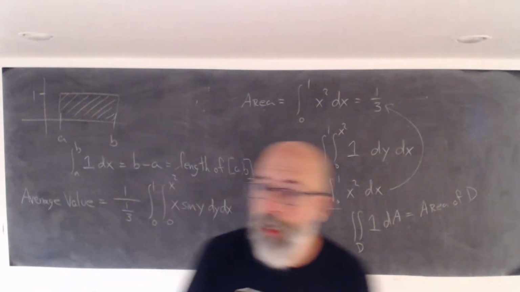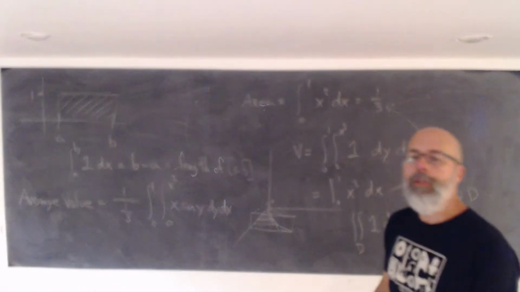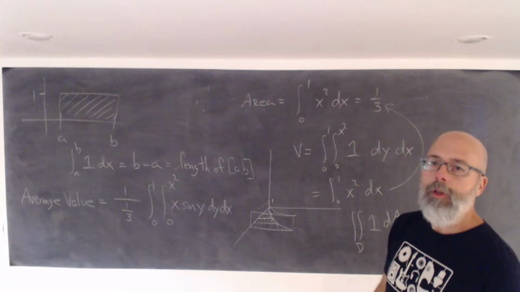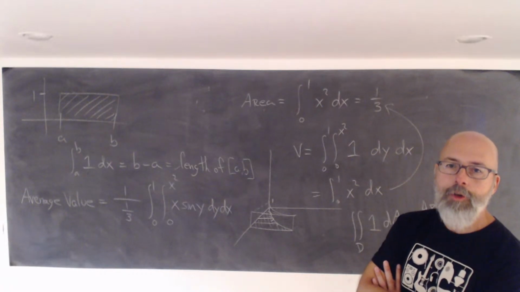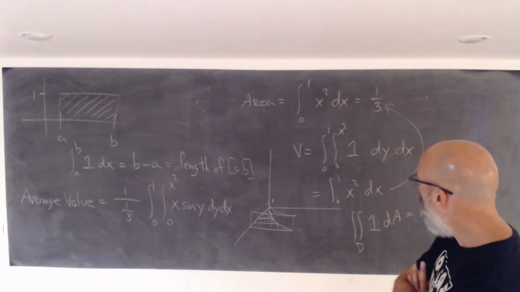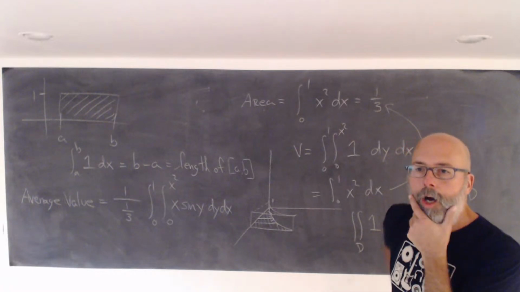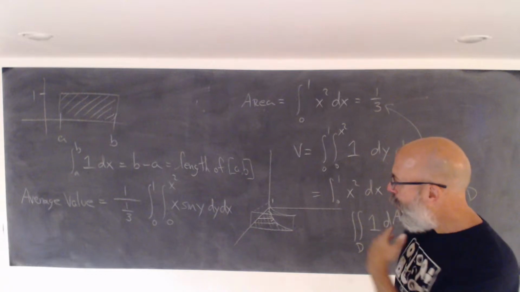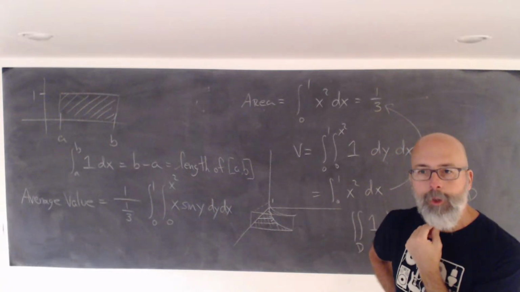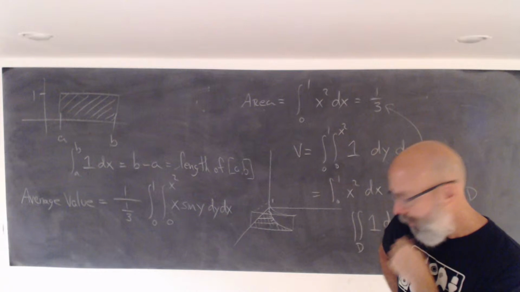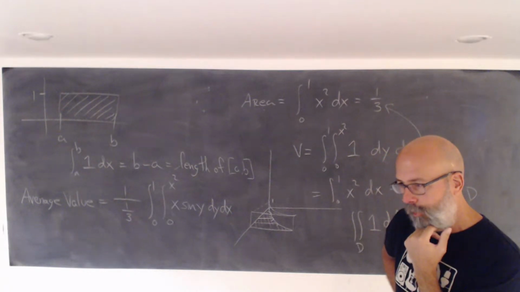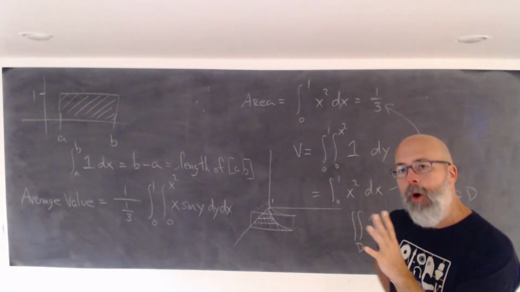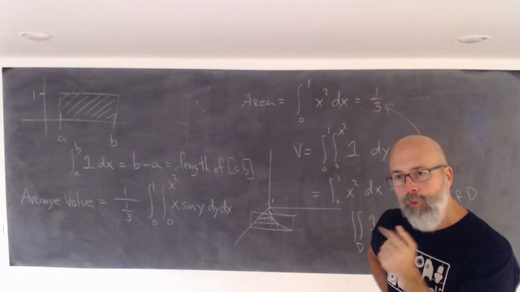Very nice, Pun. Pun is asking if the triple integral is the volume then. Absolutely. We'll see probably tomorrow that we're going to define the triple integral after we're done with the double, and that corresponds to some hypervolume, right?